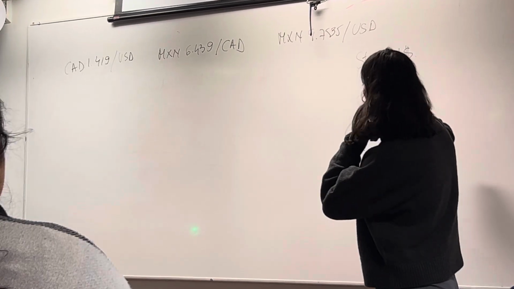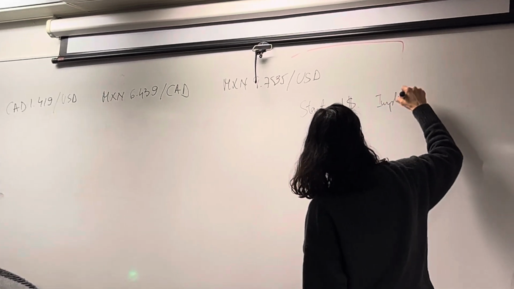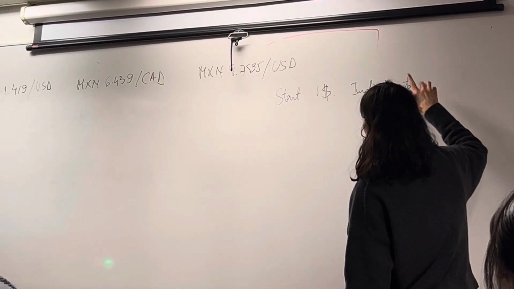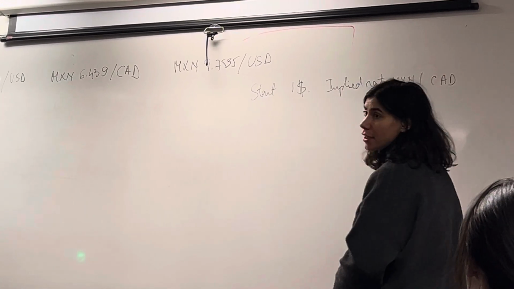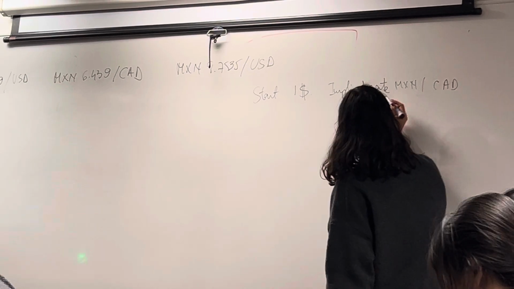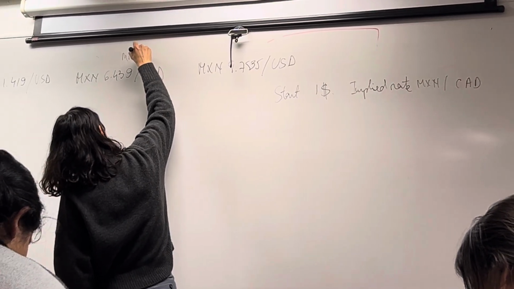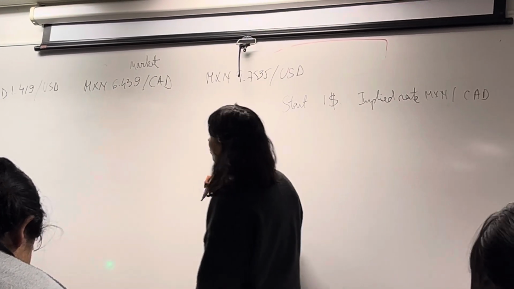So the quickest way to do it is to calculate first an implied rate between the other two currencies, and our other two currencies are Mexican and Canadian. Now what is this implied rate? This is a market rate. The implied rate is your own calculation.